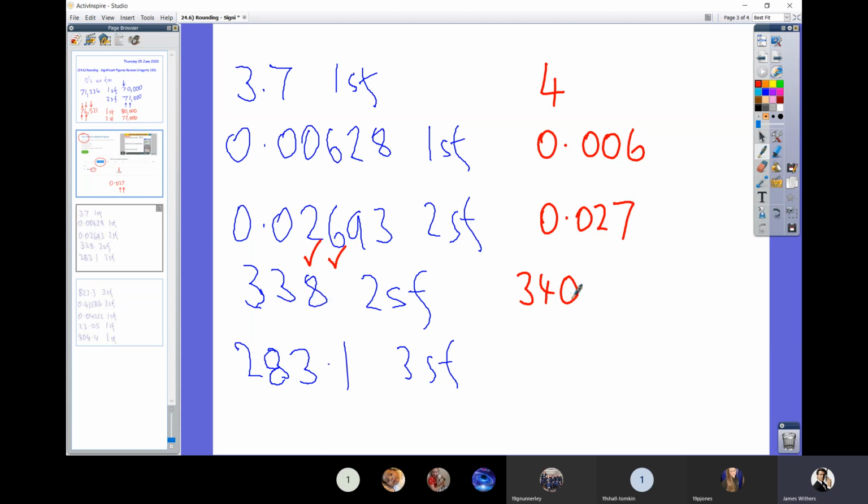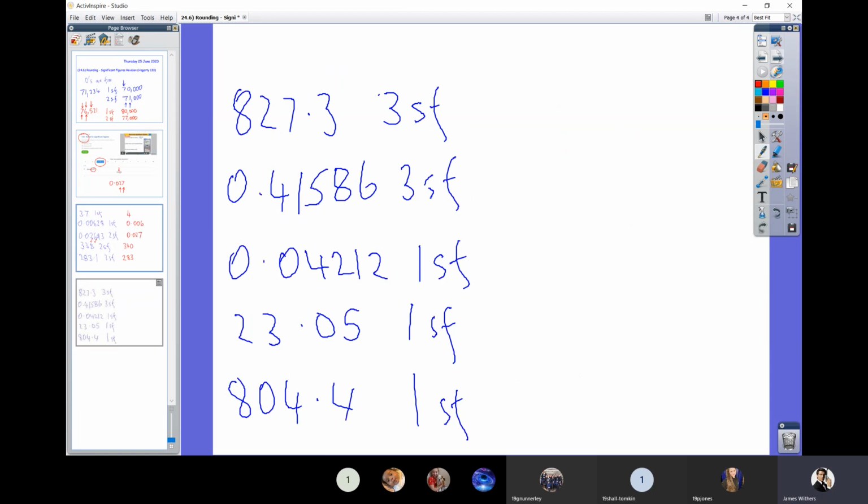But we need the 0 to get the 3 and the 4 into the appropriate column. You couldn't say that 34 is roughly 338, could you? So we've got to have that 0. Now, 283.1 to 3 significant figures is just 283. We don't need to put 0.0.